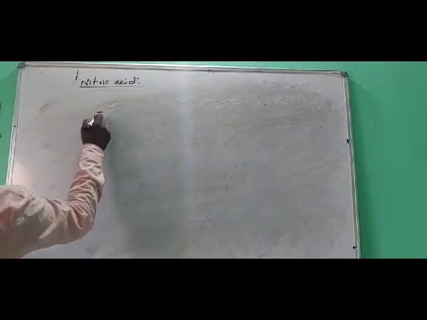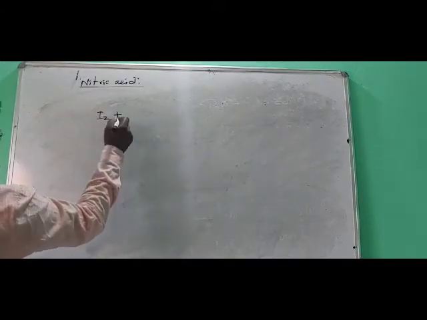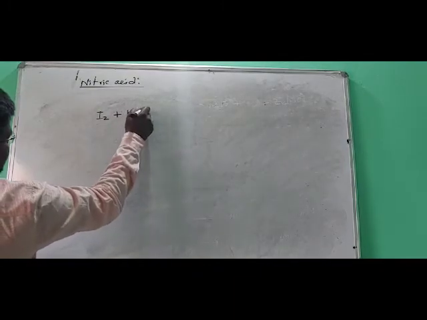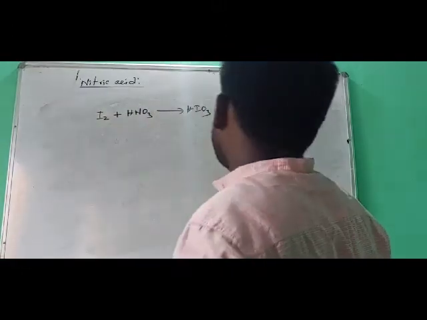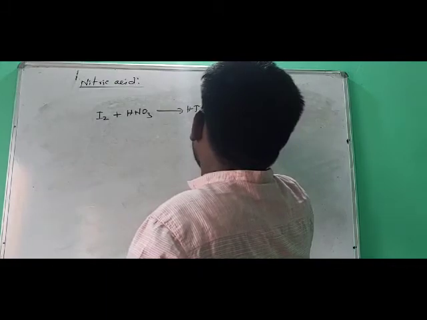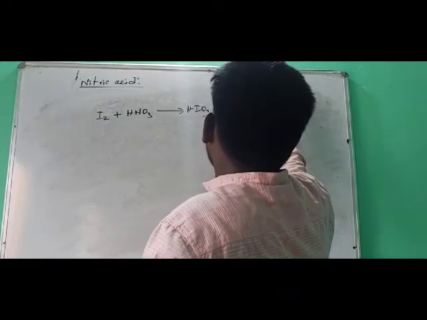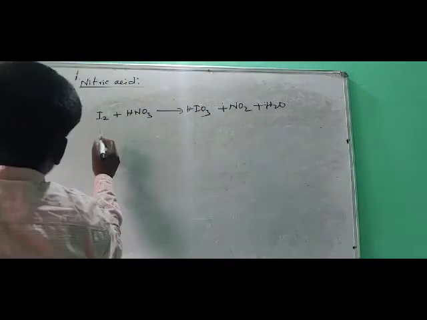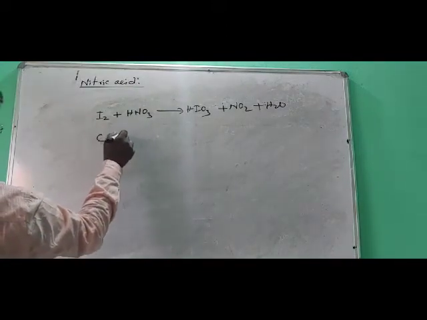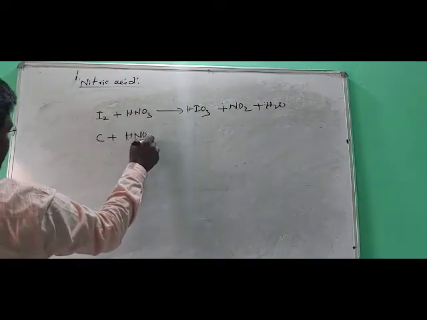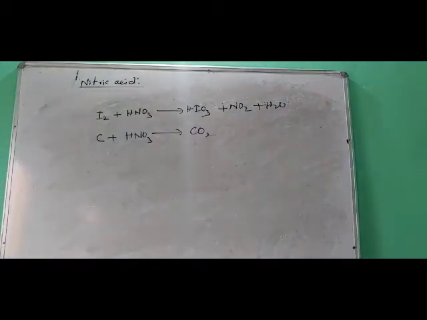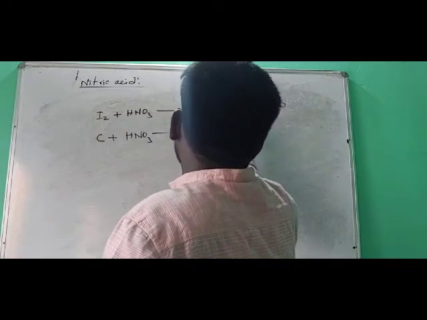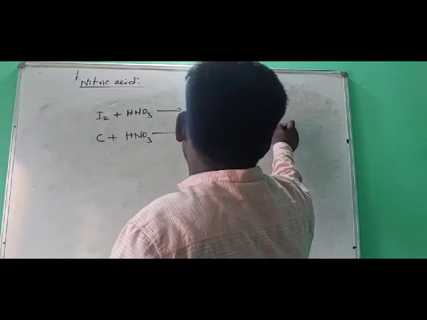So now iodine, which is a non-metal, when you treat it with nitric acid HNO3, then you can get HIO3, iodic acid, plus NO2 gas, and water. And the next one, when you treat this with carbon, it is oxidized to carbon dioxide, CO2, and the byproducts are NO2 and water.